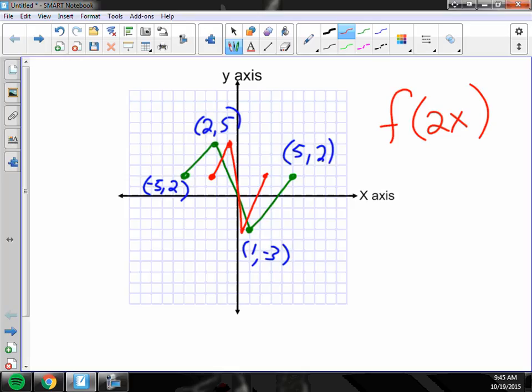Because that 2 happens before you plug it into the function, it's saying what graph can be doubled in width to create the green graph. So remember, everything on the x-axis works backwards. Multiplying by 2 cuts it in half. Hang on, we'll get to that.